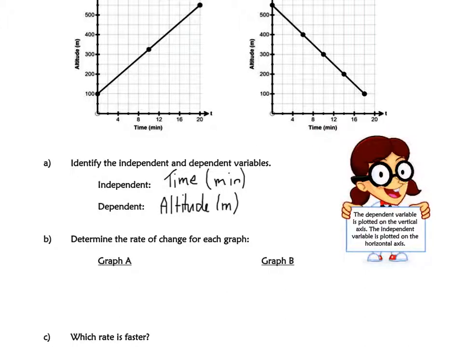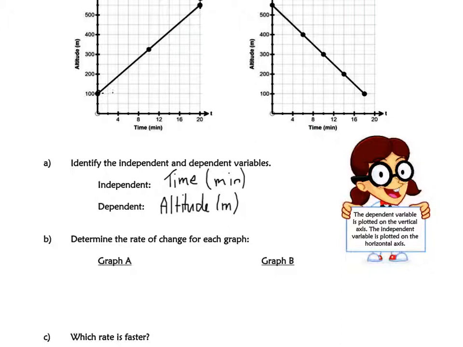The next question asks you to determine the rate of change for each graph. When we're looking for the rate of change, we're looking for the change in the dependent variable over the change in the independent variable. An easy way to do that is just to pick two nice points on the graph. I'm going to pick the first initial point in the first graph, 0, 100, and the last point here, 20 and 550.